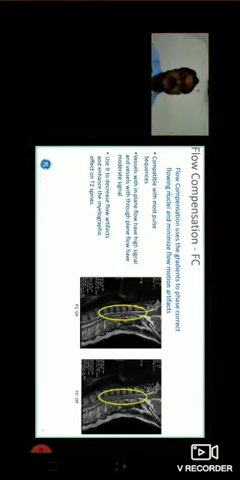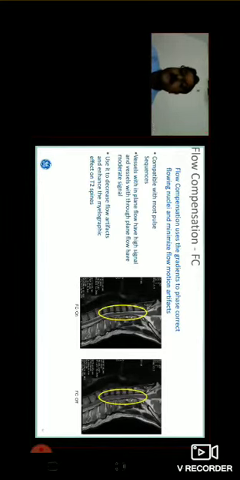Flow compensation will be mentioned as FC in the image. It is used to correct the phase of the flowing nuclei in the image to eliminate the artifacts from flowing or moving protons.